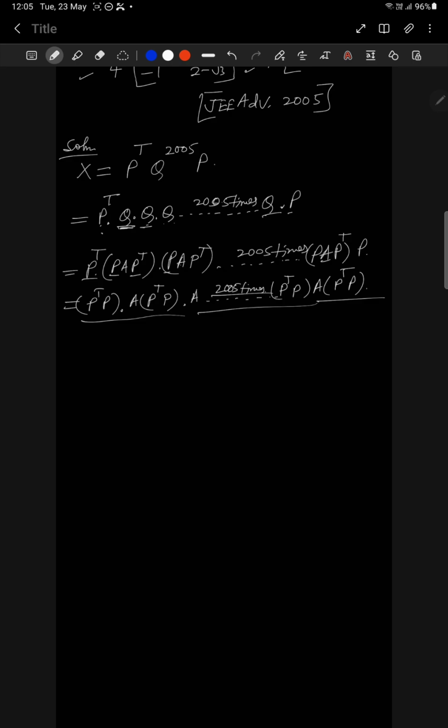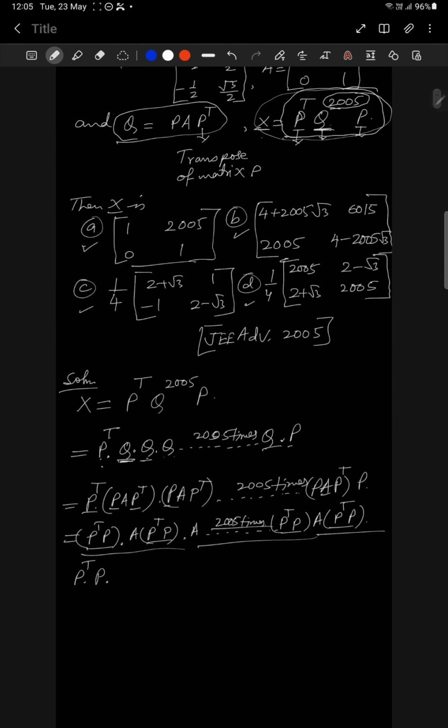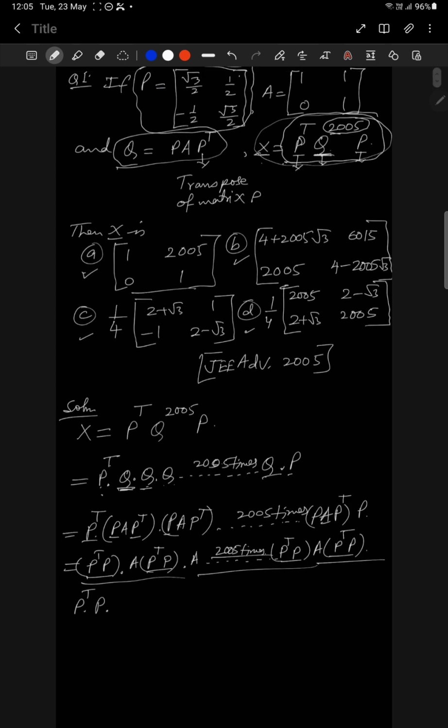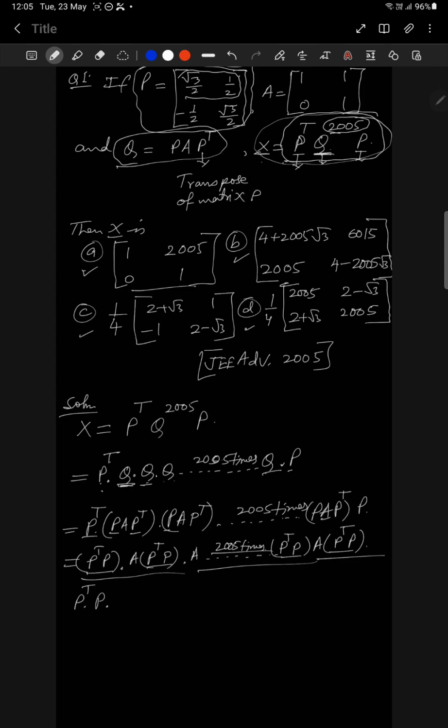Now you are finding that P transpose P is invariably coming in the expression. So let us first find the value of P transpose P. P transpose is nothing but, P was given as equal to this one. If we are finding the P transpose, then the first row will change into the first column and the second row will change into the second column. Let me just rewrite it.